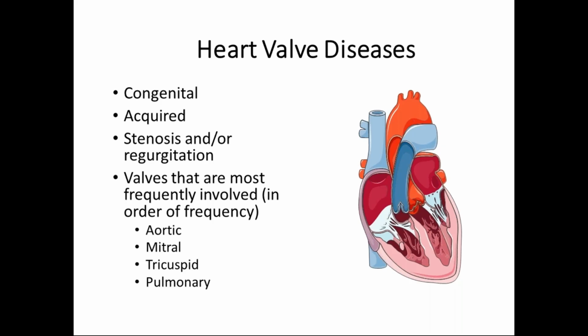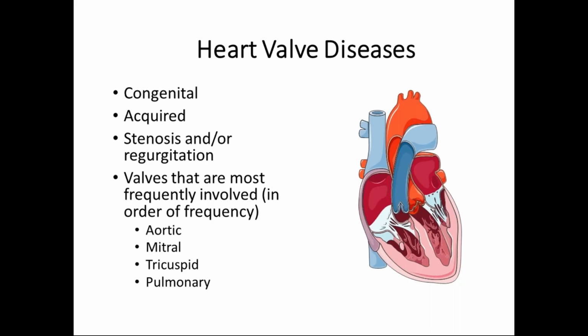Diseases are either congenital, meaning developmental abnormalities, or acquired during life. The processes that affect heart valves are either stenotic, which means that it impedes the opening of one or more valves, and or a leaky process, meaning that there is a regurgitation process, is the other presentation.